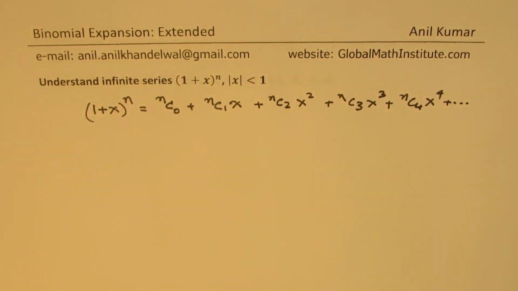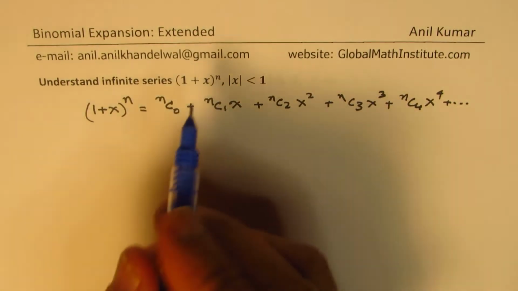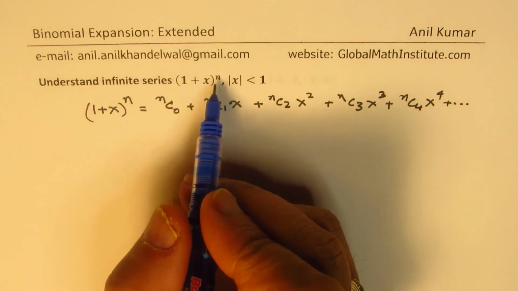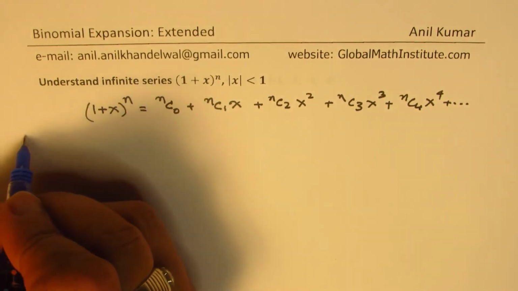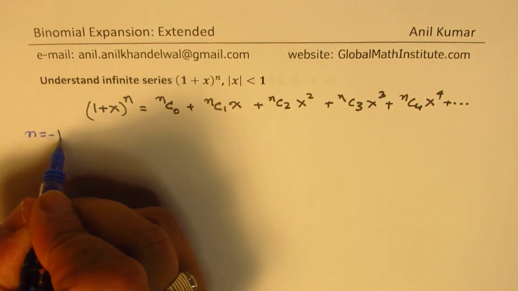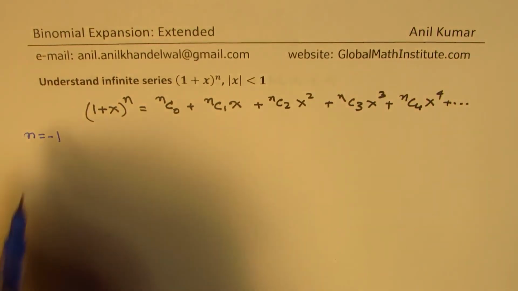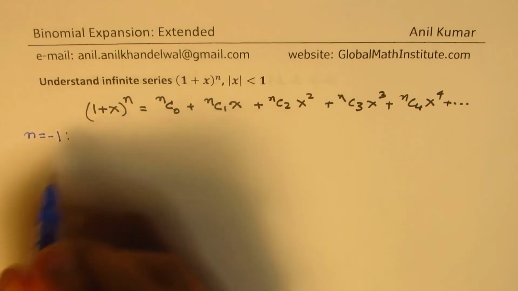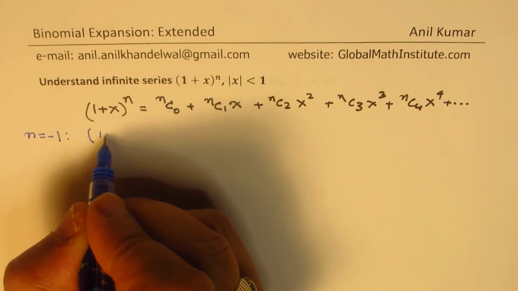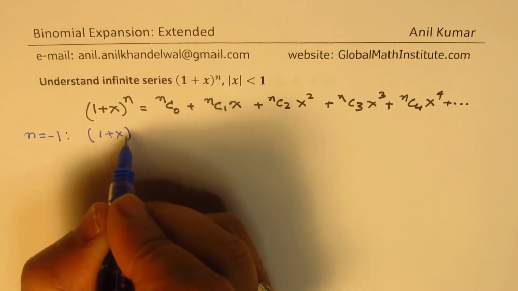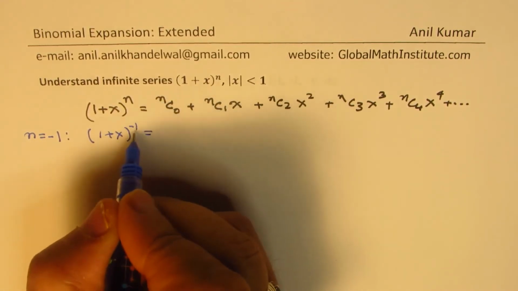Now this time we'll try with numbers which are not natural numbers. So let me explore this particular series when we have n equals minus 1. So if I have n equals minus 1, in that case what happens? What we get here is (1 + x)^(-1). So n is minus 1.